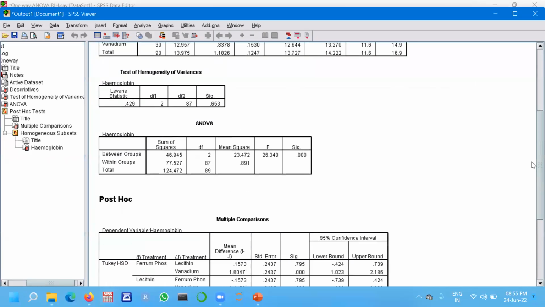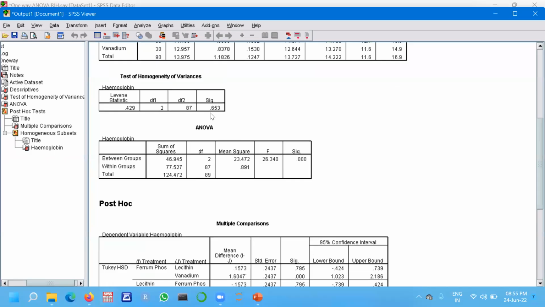Now coming to one-way ANOVA, between the groups it is highly significant. It is less than 0.05, and the F value is 26.34. So what is the meaning of that? There is a significant change between the groups.